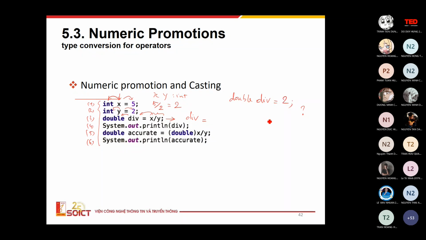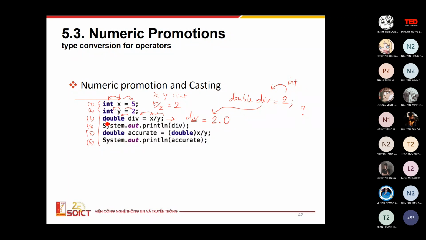So can you guess what is the value of div? The value is 2.0. Yes, because here you have to convert from integer to double. Here you have the casting from int to double.